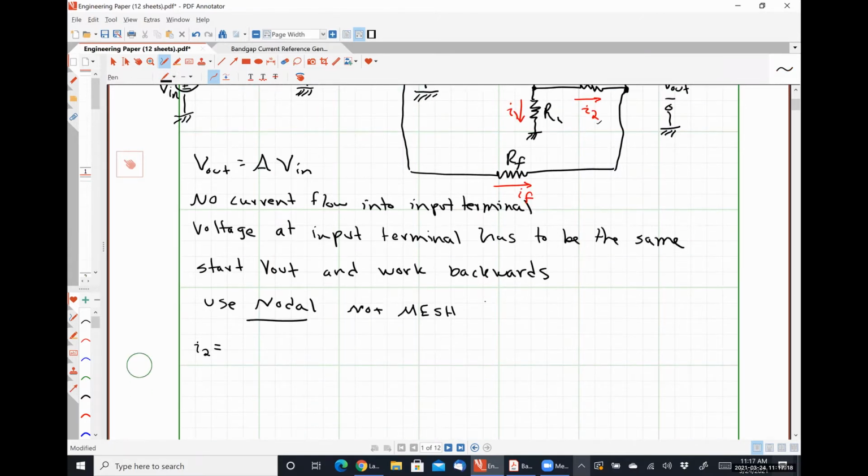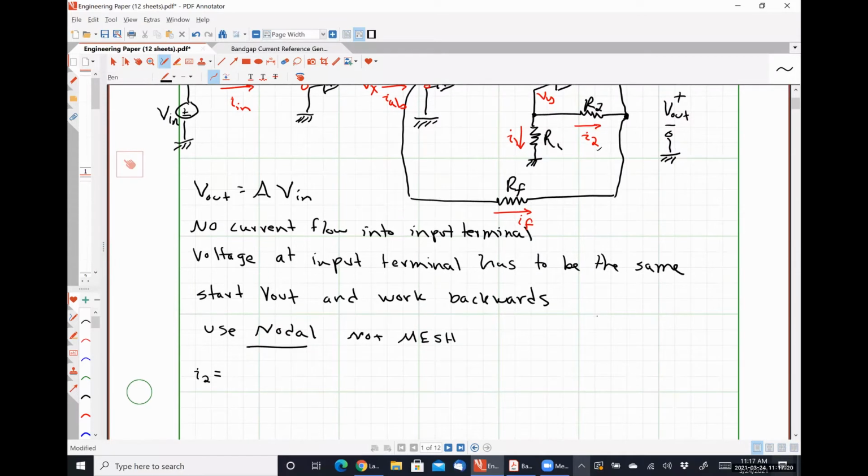So I2, the relationship here is VY minus V out over R2, right? Easy enough. VY minus V out over R2.